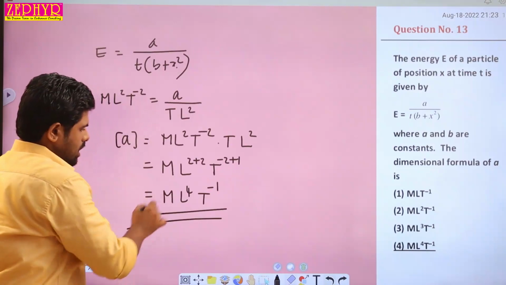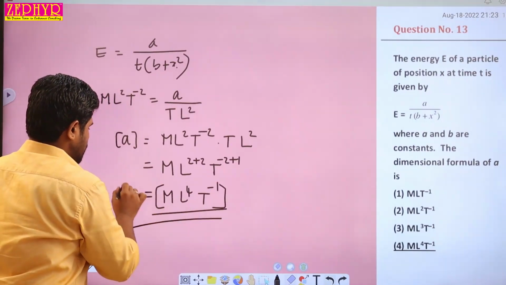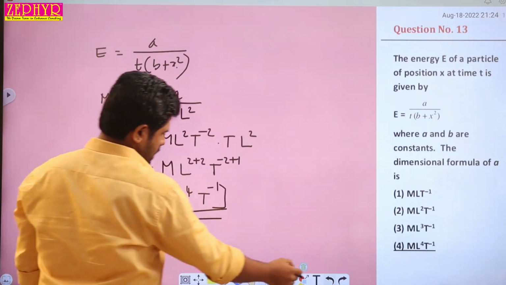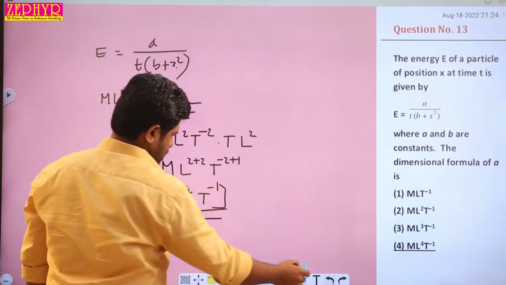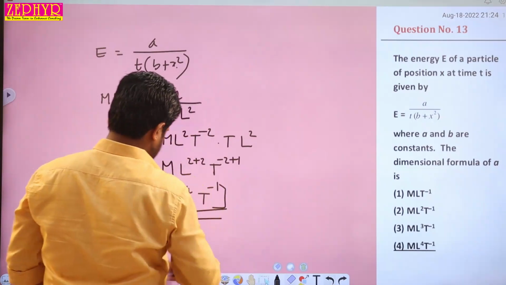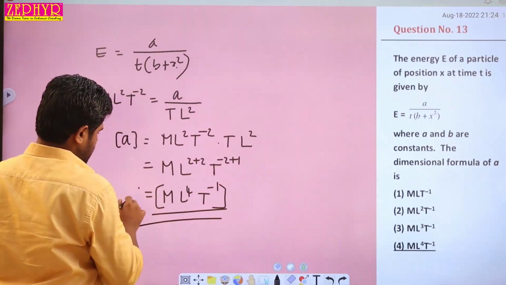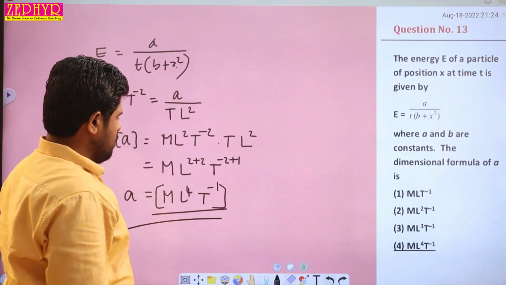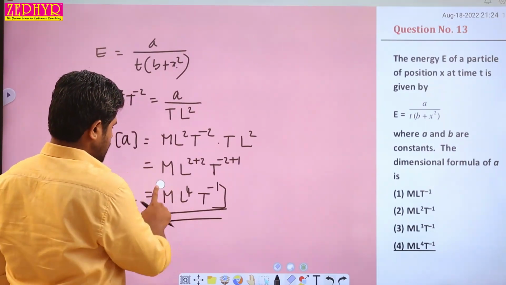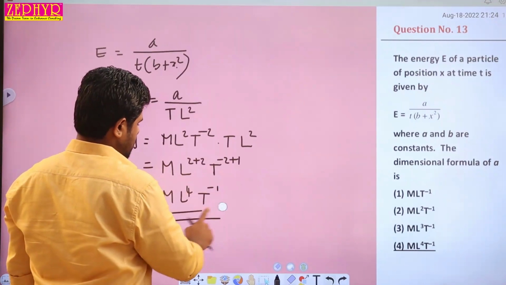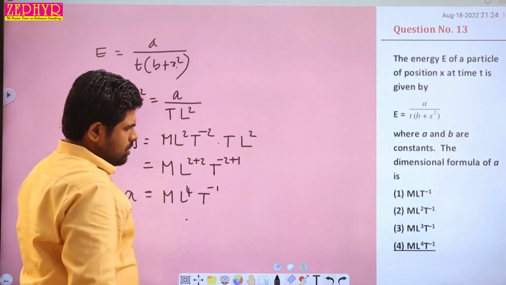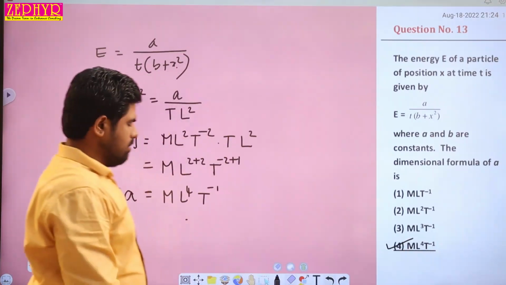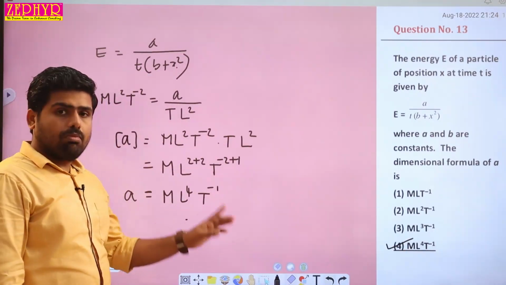So this one is the dimensional formula of A. Which one is the answer? The fourth one is the correct answer, m L raised to 4 T raised to minus 1.